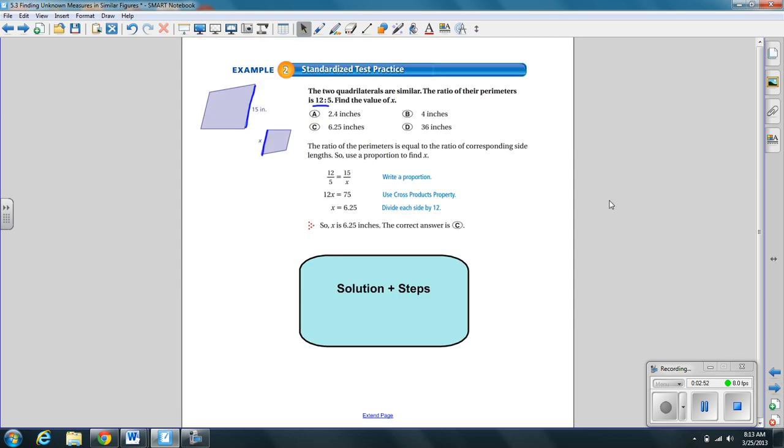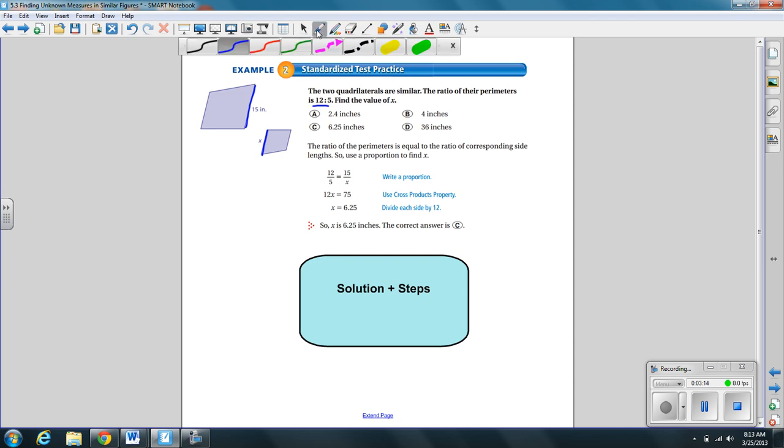New example. We have two quadrilaterals that are similar. The ratio of their perimeters is 12 to 5. Just a quick note, the first number 12 goes to the first figure, and the number 5 goes to the second, or the smaller figure.